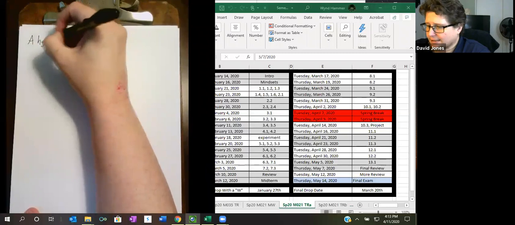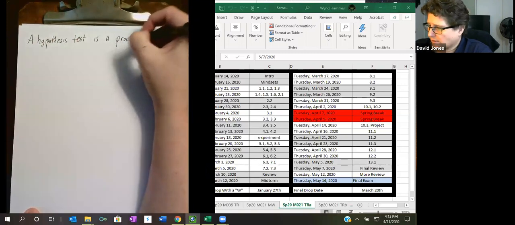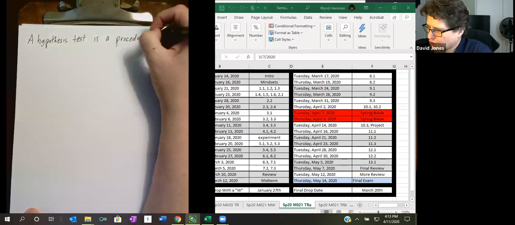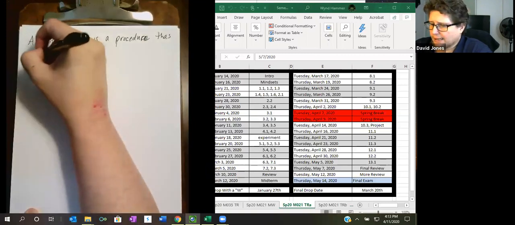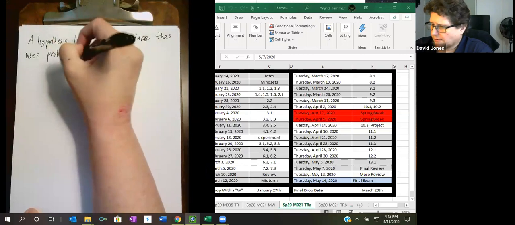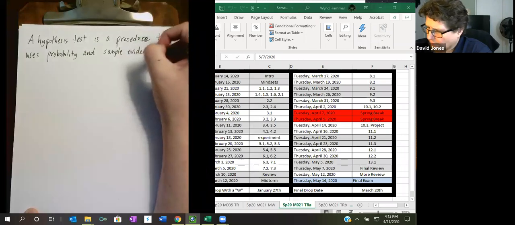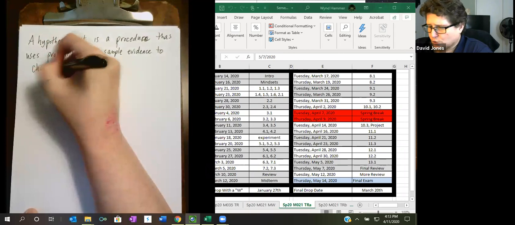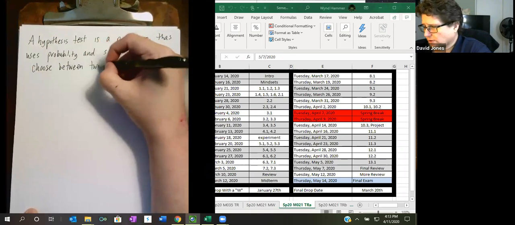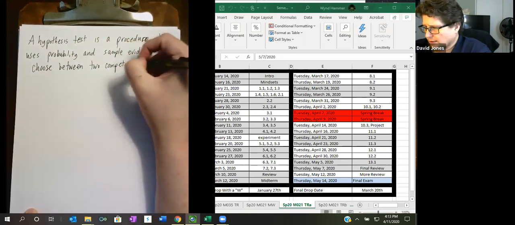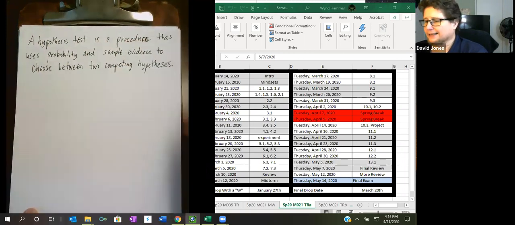So a hypothesis test is a procedure that uses probability and sample evidence to choose between two competing hypotheses. And the plural of hypotheses has an ES, not an IS.